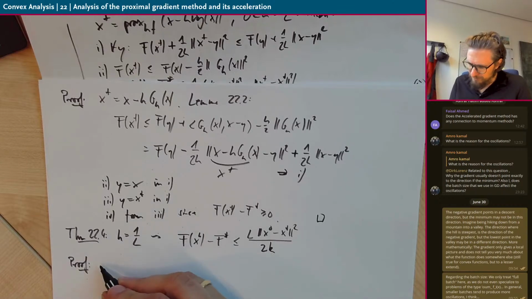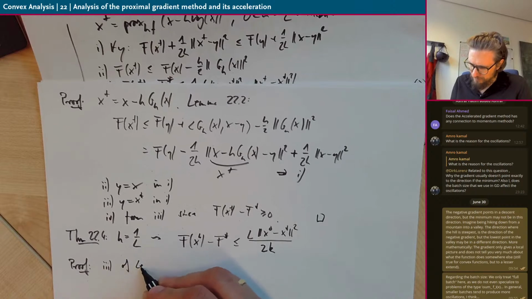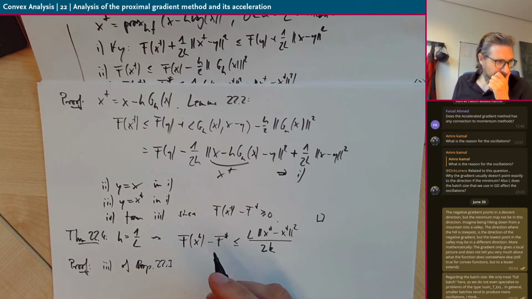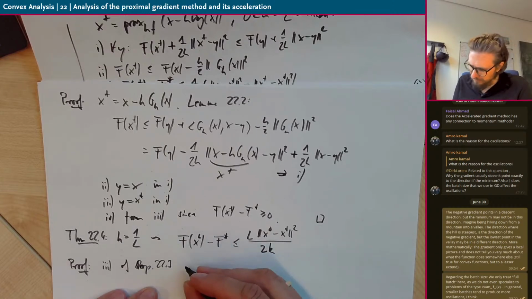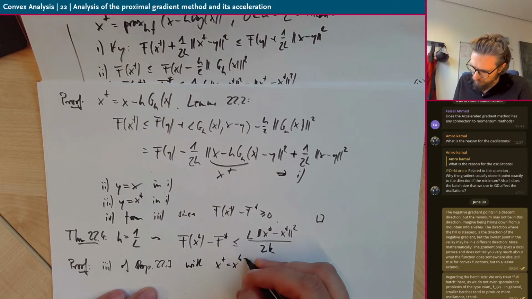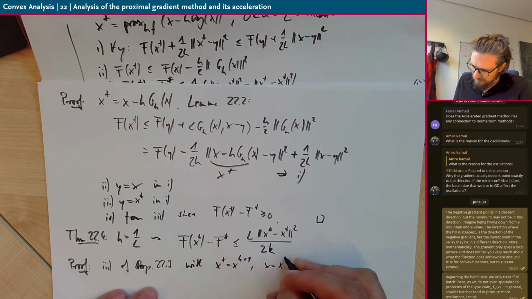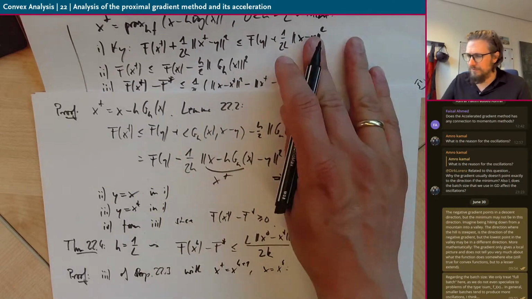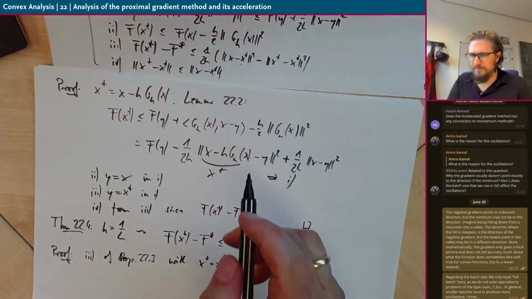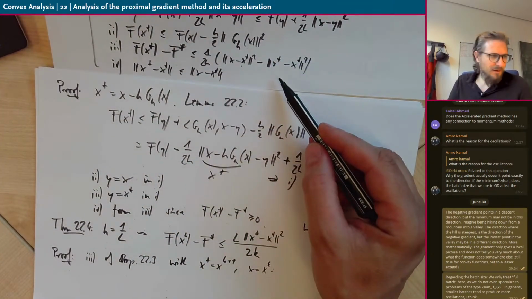So what we do is we use point 3 of proposition 22.3, of course with x plus being xk plus 1 and x being xk. So the third point here, this guy over there.